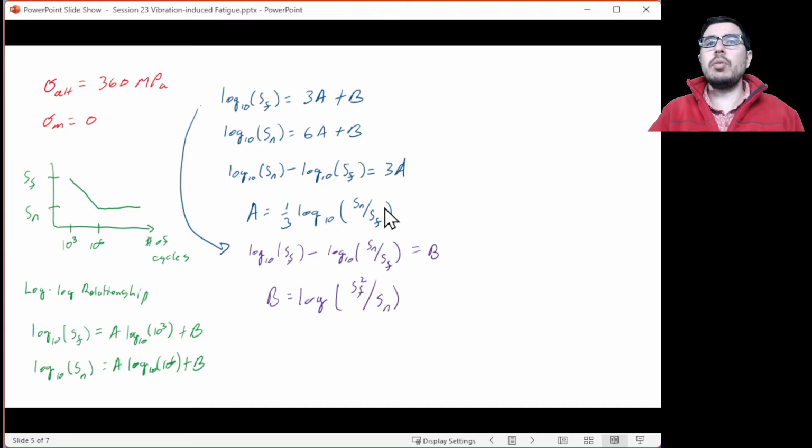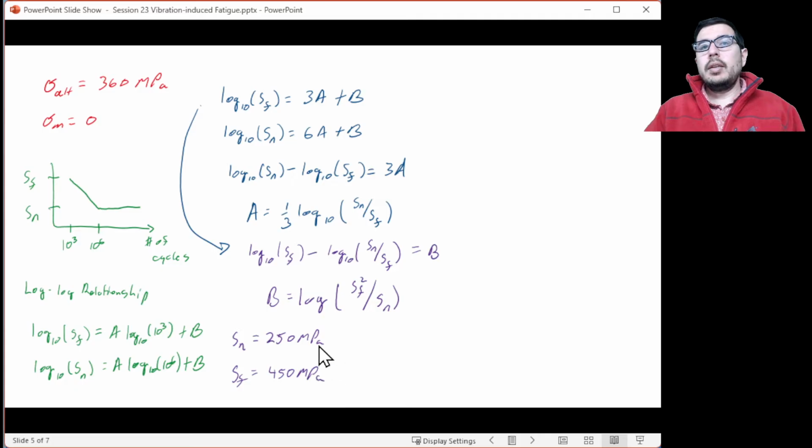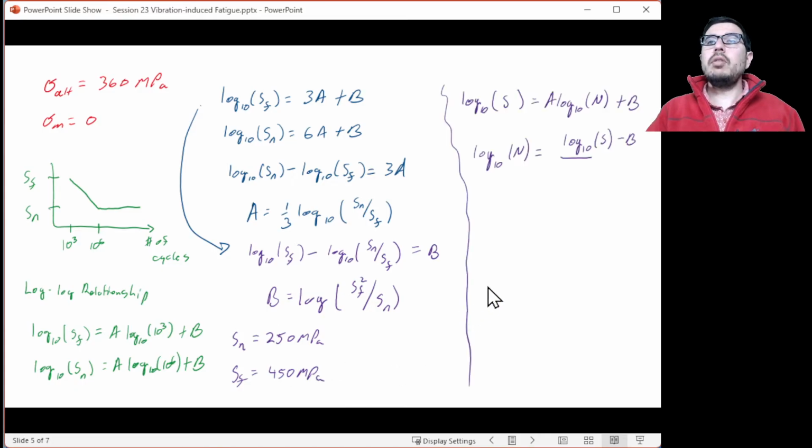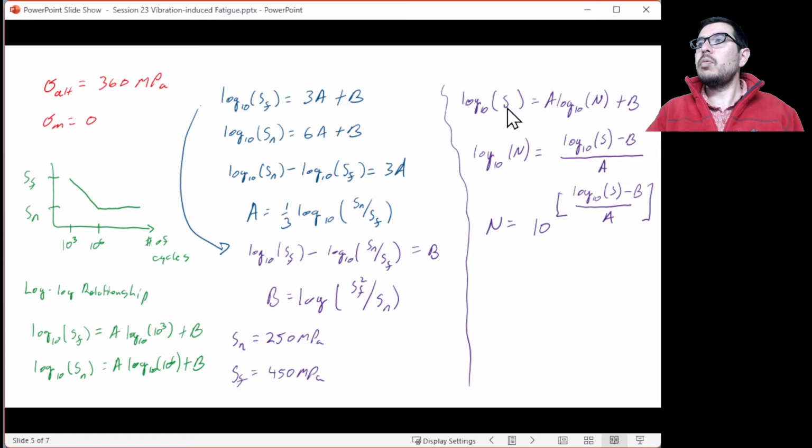This is a general approach to doing this. I can remember that I have my SN and SF, but I can still go a little bit further in terms of a general approach. So if I'm interested in finding out what the N is associated with a given S, or vice versa.